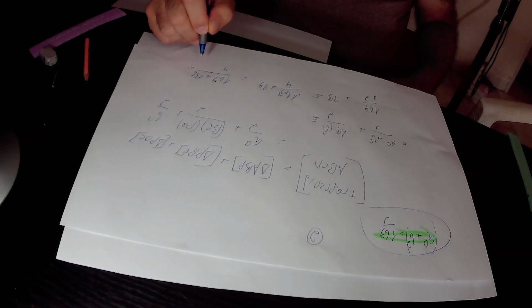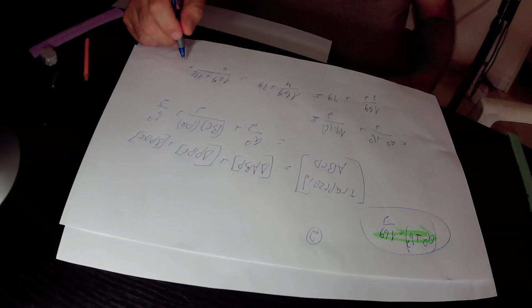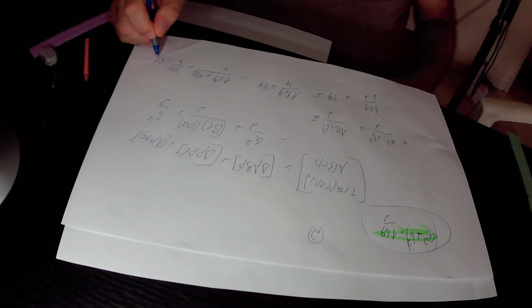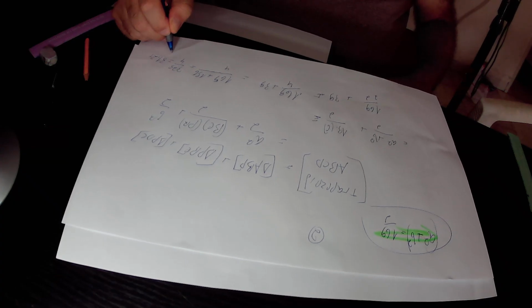So the area equals 169 plus 156 over 4. 169 plus 156 is 325 over 4. 325 over 4 is 81.25 square units.